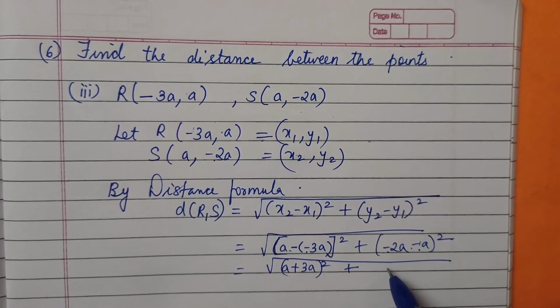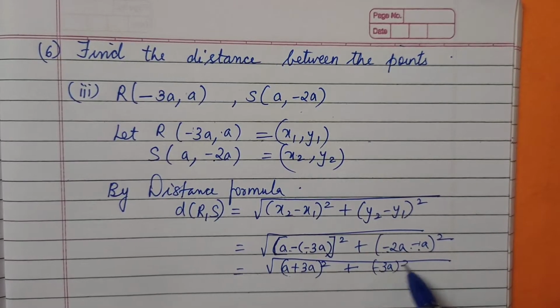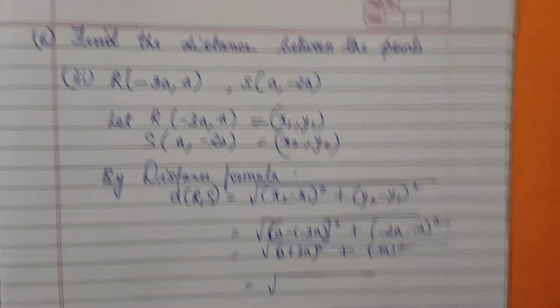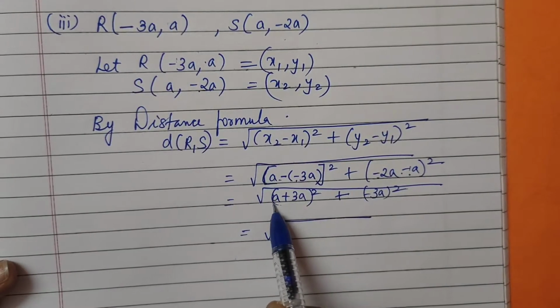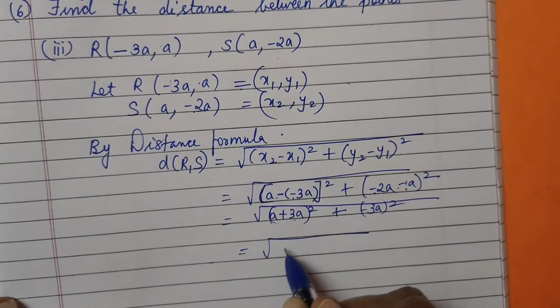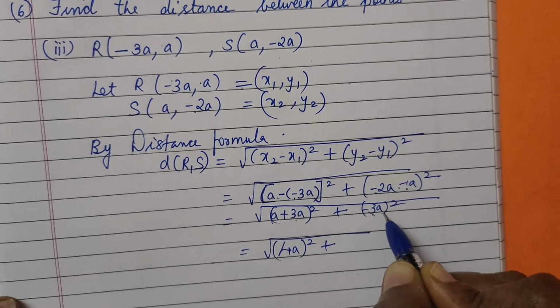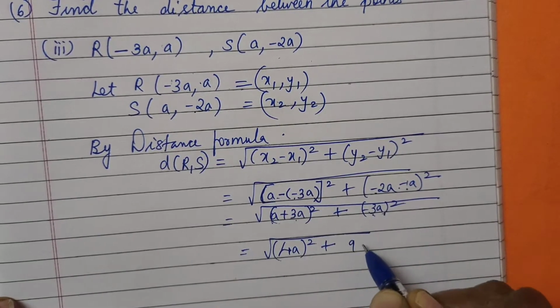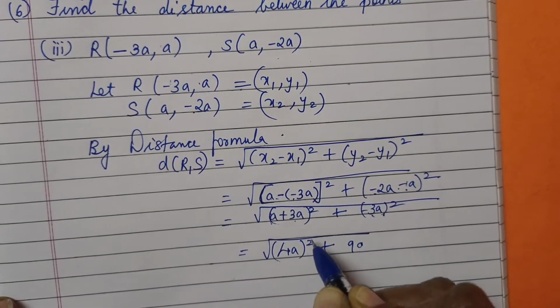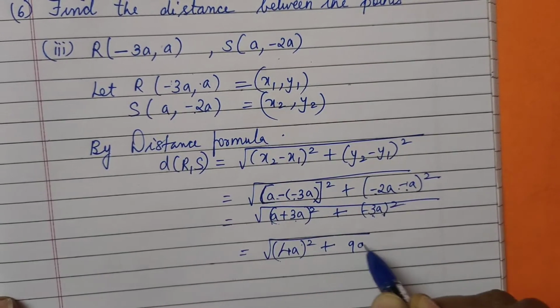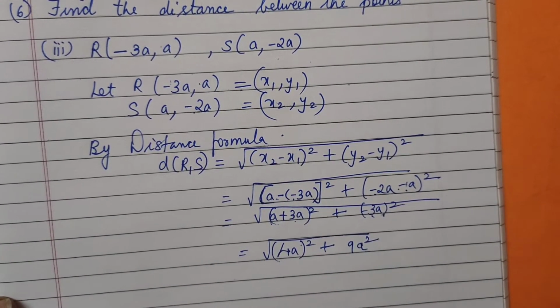So 1a plus 3a is 4a, the square, plus minus 3a the square. Here 3 threes are 9, 9a. I have to write it like this, 4a square, here 9a square.